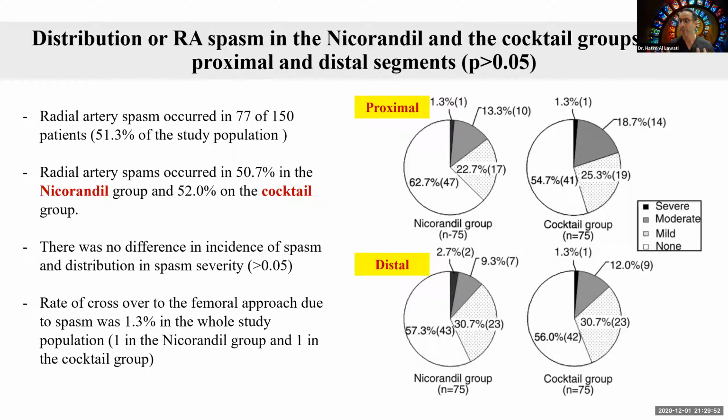The 2.5 milligram appears to be the so-called sweet spot when it comes to verapamil, and it appears that the verapamil nitroglycerin combination is also a popular choice in prevention of radial artery spasm, and the combination with the most experience. Other drugs have been tried, whether they're more effective or not.